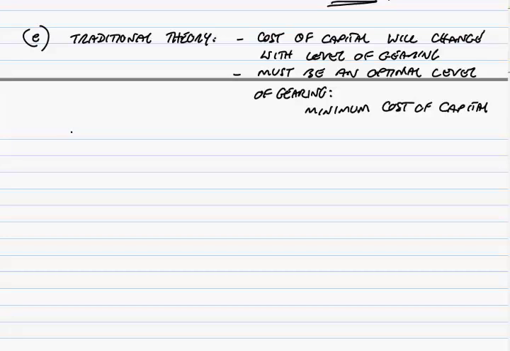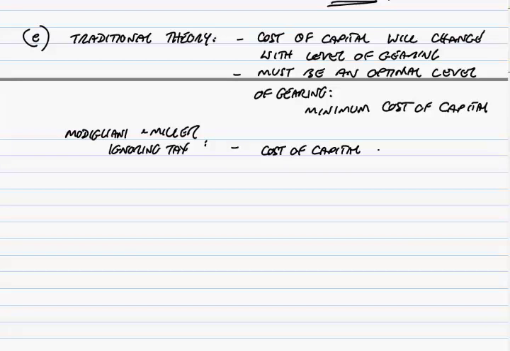That was traditional, but then along came Modigliani and Miller, and the first time they looked at this, they ignored tax. And they proved that in fact the cost of capital will not change with the level of gearing.